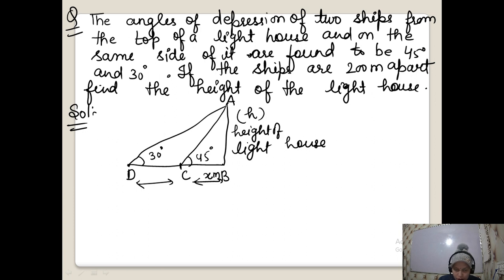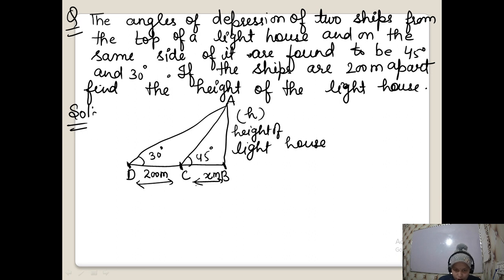Here one ship, here the other ship, and this is the lighthouse, and the distance from the first ship to the other ship is 200 meter.